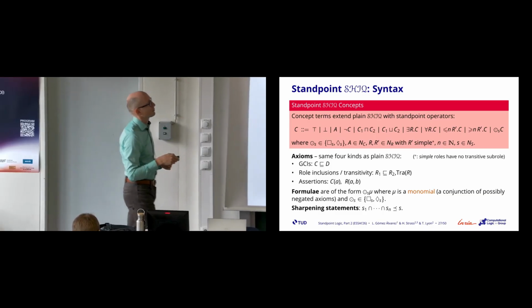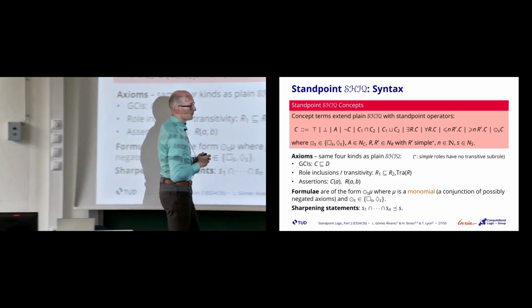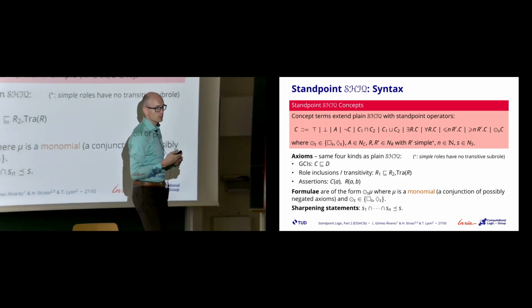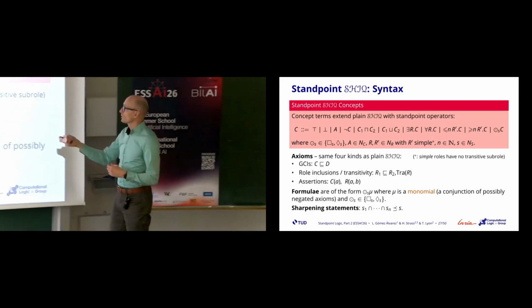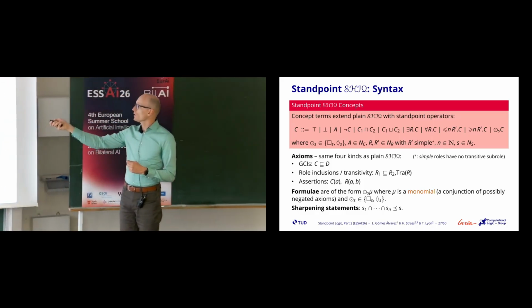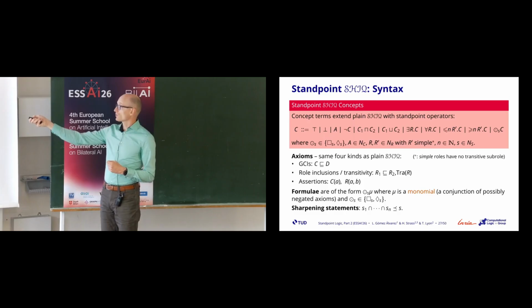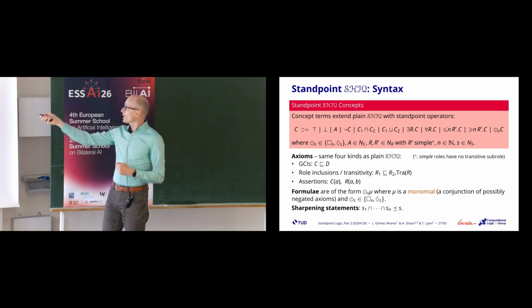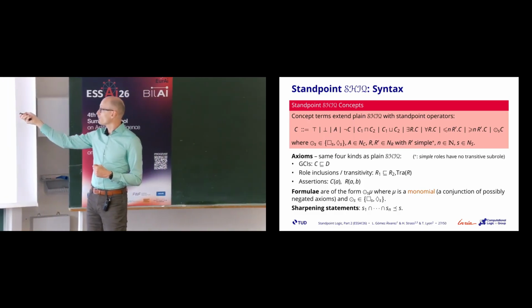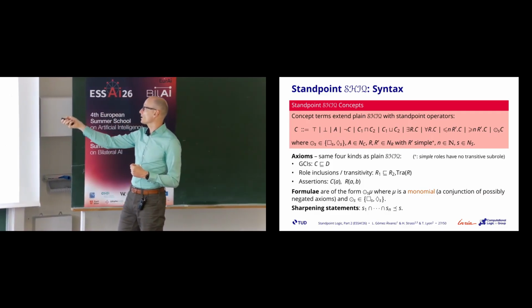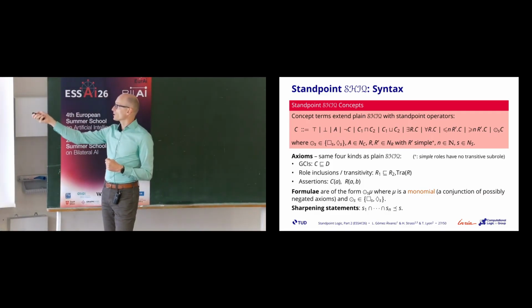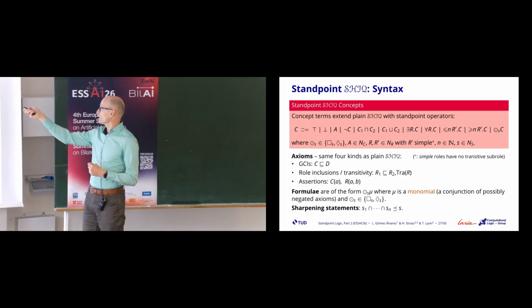So this is plain SHIQ. As before, we have top and bottom, we have concept names, we have conjunction, disjunction, we have existential and universal restriction. We have qualified number restrictions, so at least n R successors that are C's, or at most n and at least n.